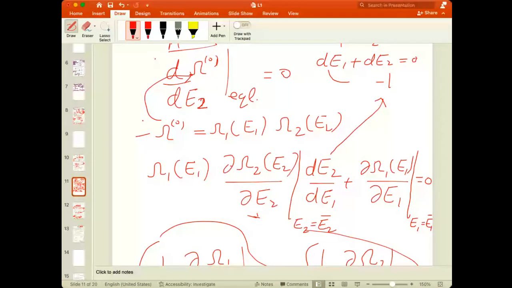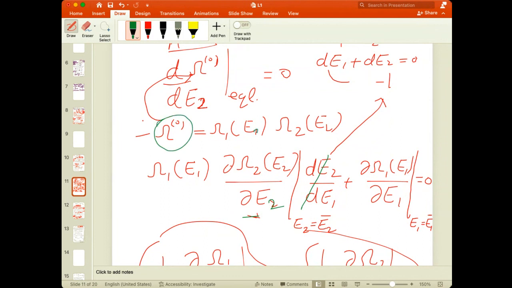This will remain the same, but this term won't appear because you are differentiating with respect to E2.